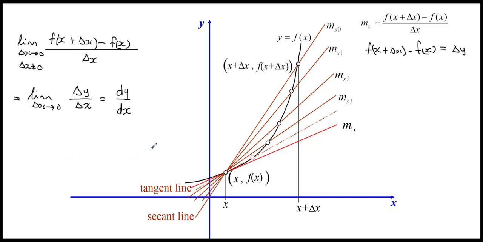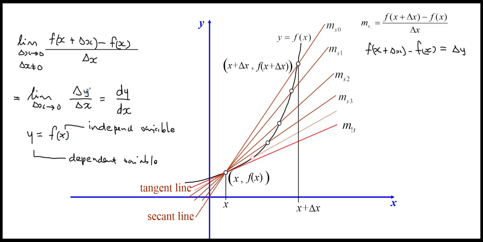At this point I would like to emphasize something. When you're given a function y equal to f at x, y is the dependent variable, as we've said already in this presentation, and x is our independent variable.